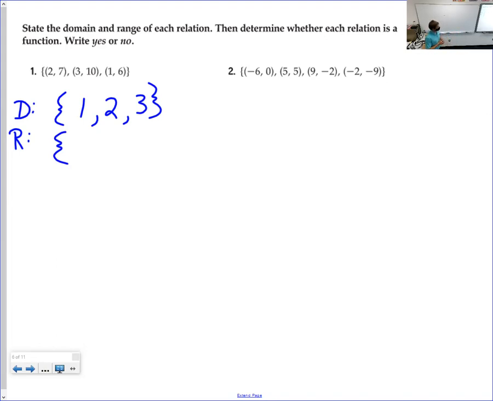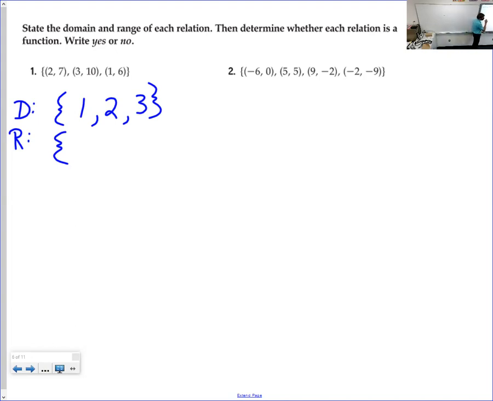So the goal here would be to start with the smallest number of the range. And again, range, we're thinking y value, that's the second number in each ordered pair.